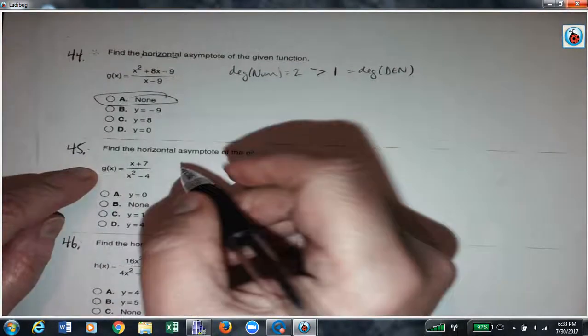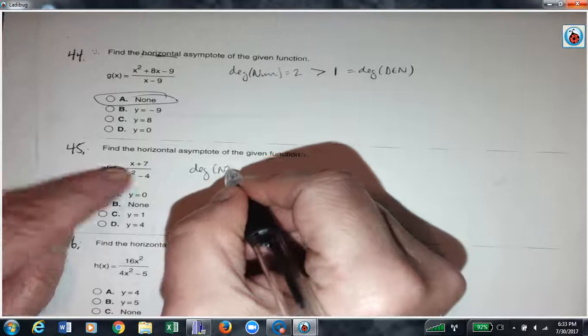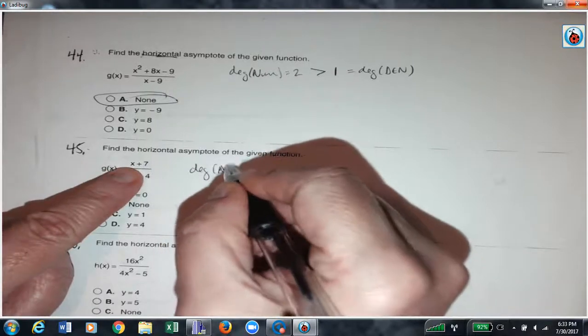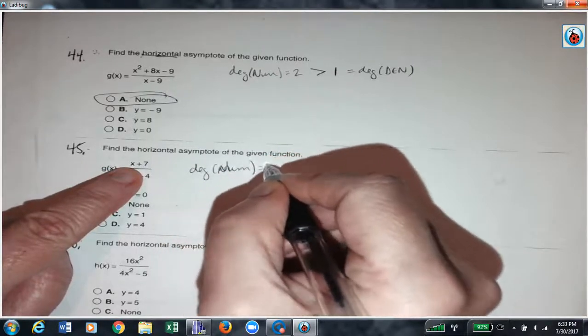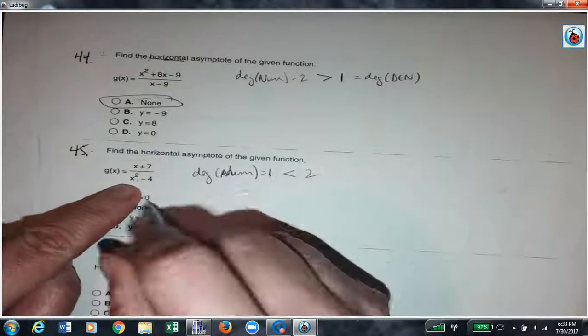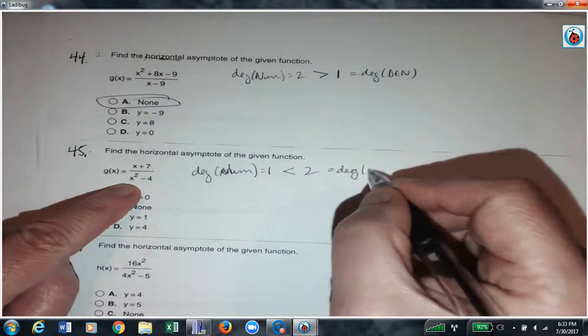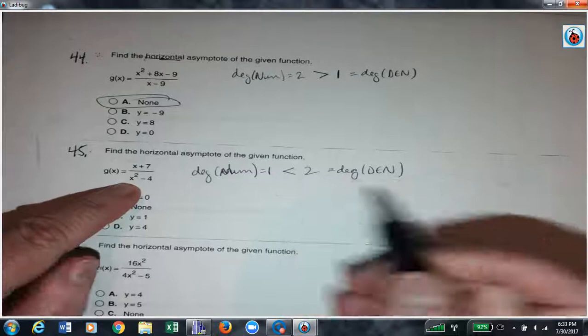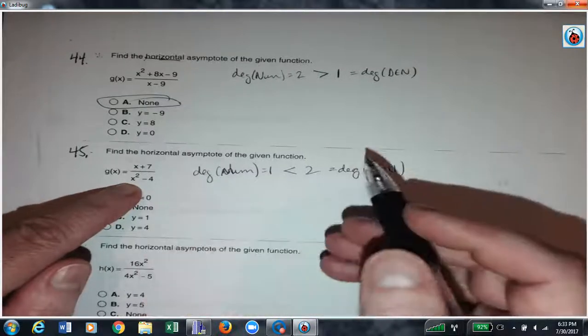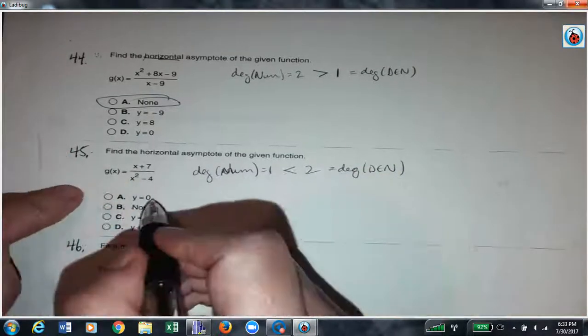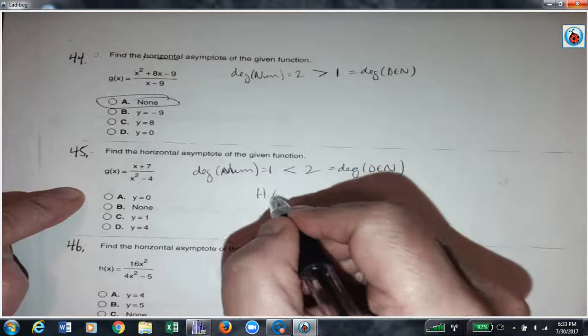Now, what about here? The degree of the numerator is 1. And the degree of the denominator is 2. So we will have a horizontal asymptote, and in that case, it's just the x-axis.